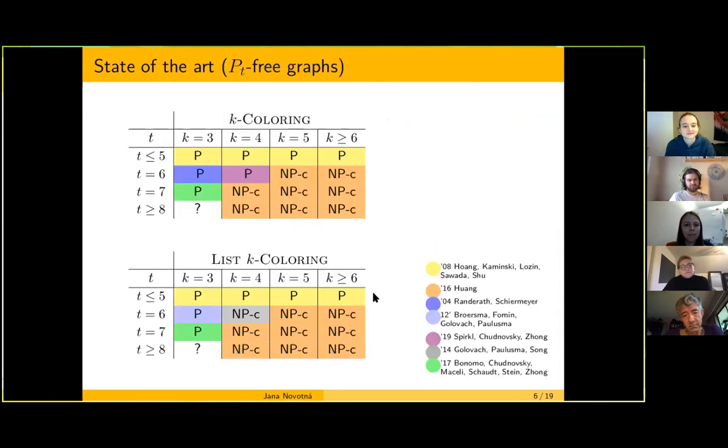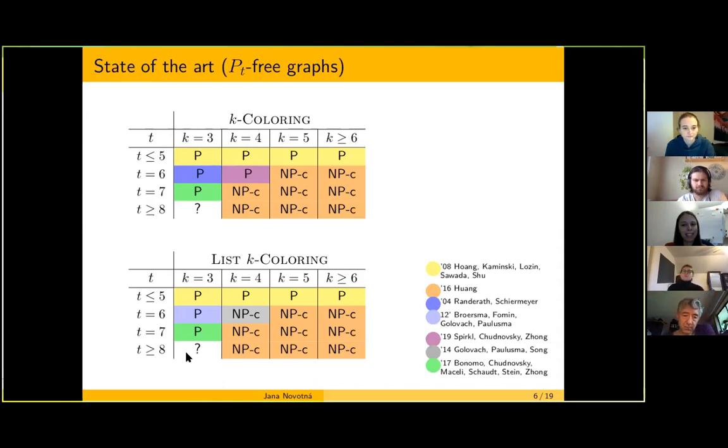A special attention has been paid to Pt-free graphs, that is, graphs without an induced path on t vertices. What's known now is that the question whether k-coloring is polynomial or NP-complete is open only for 3-coloring and list 3-coloring on Pt-free graphs for t at least 8.